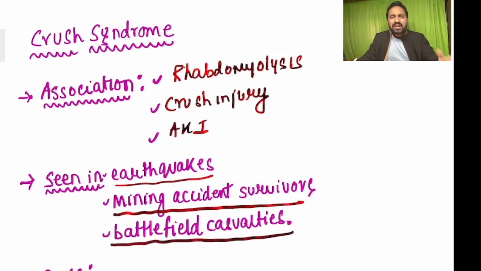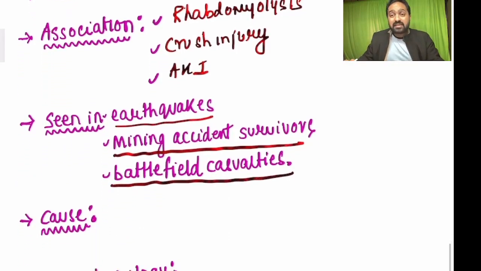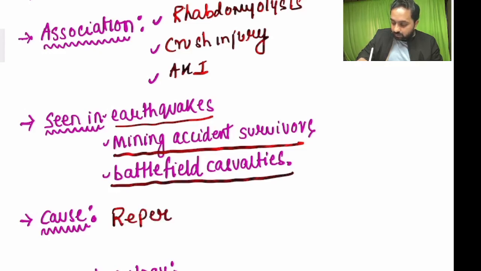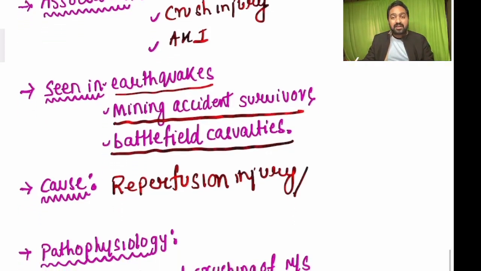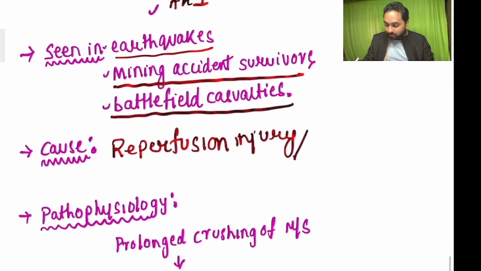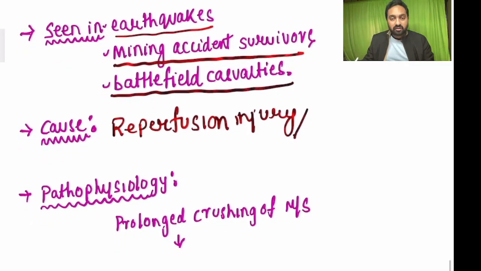Right. So why does this crush syndrome occur? The main cause that has been attributed is the reperfusion injury, right? So the reperfusion injury is one of the major causes of your crush syndrome. So what exactly happens in crush syndrome? Let's try to understand the pathophysiology of crush syndrome.